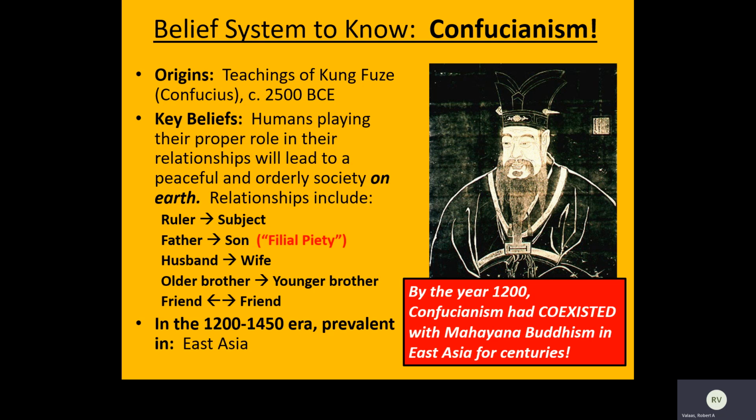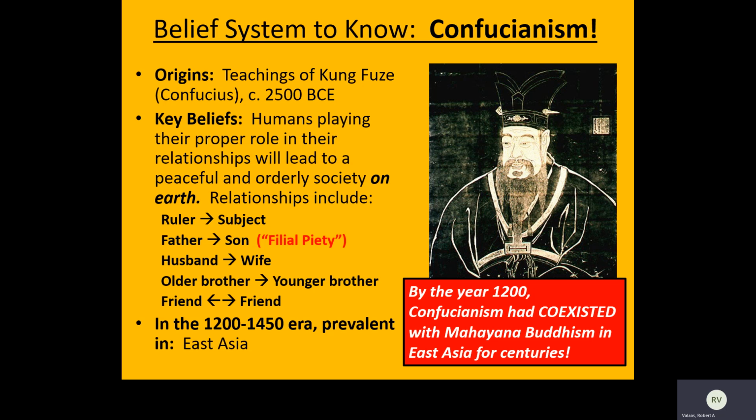Remember, religions tend to have teachings about the divine forces of the universe, whether it's God or gods, or what happens to you in the afterlife when you die, as Buddhism does. Not Confucianism. Confucianism doesn't do either of these things, so it's not a religion, but it's certainly a belief system, originating with the teachings of Confucius, who lived, again, about 500 BCE, or 2,500 years ago.